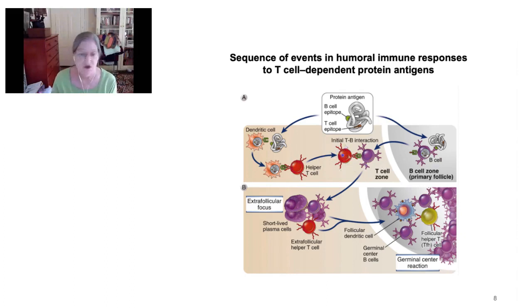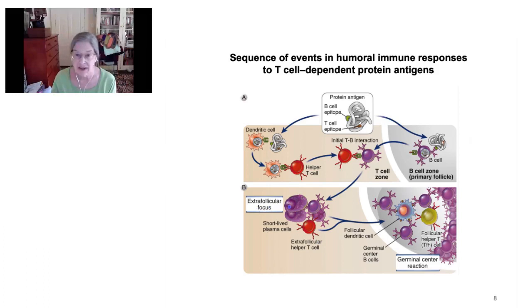and wait around, hoping that a B cell that presents that very same peptide is going to come up and find it. So meanwhile, you will have this early, what's called an extrafollicular focus, going to happen, where B cells are getting activated by antigen.